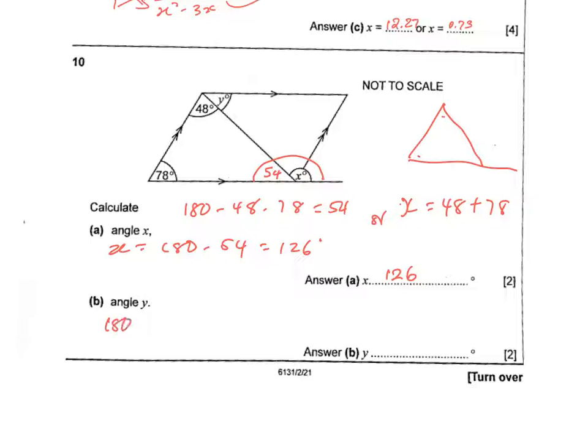So you can either say 180 minus 78 plus 48, and that gives you 54. Or if you get this one, then you can say they are alternate. So y, this angle and this angle, they are alternate, and then you can say it's also 54.